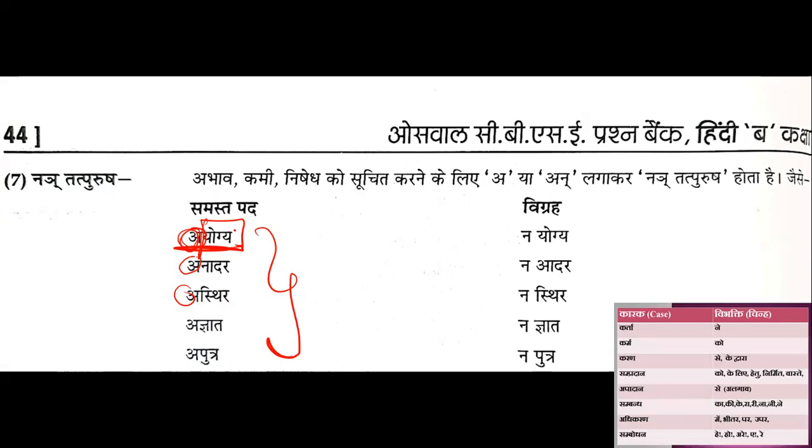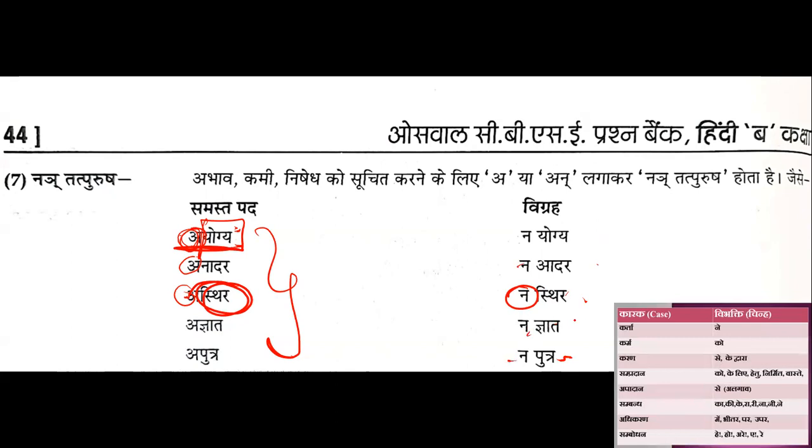So yogya, eligible; ayogya, ineligible. Sthir, stable; asthir, unstable. So for splitting it, just add na instead of a and write the word as it is: na sthir, na yogya, na adar, na putra, na gyat.